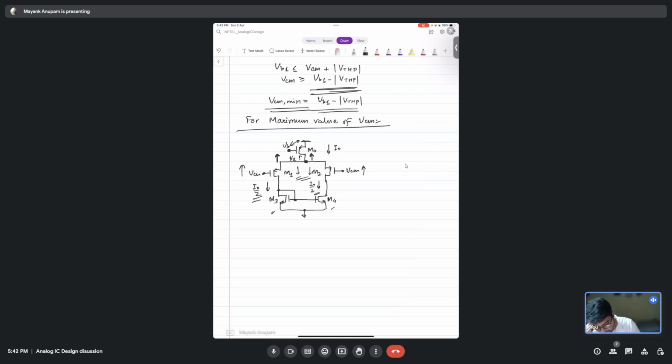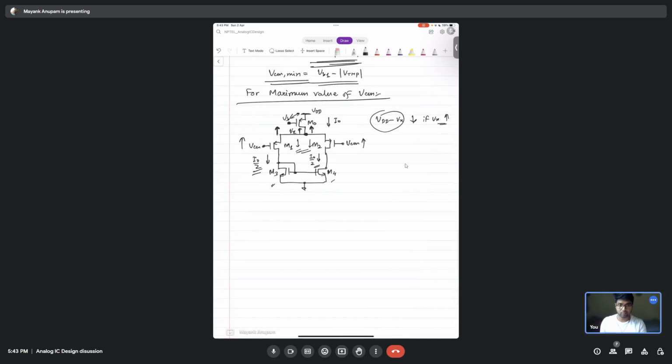If Vx goes up, then this VDD minus Vx starts reducing. If Vx increases, M0 can go into linear region, right?